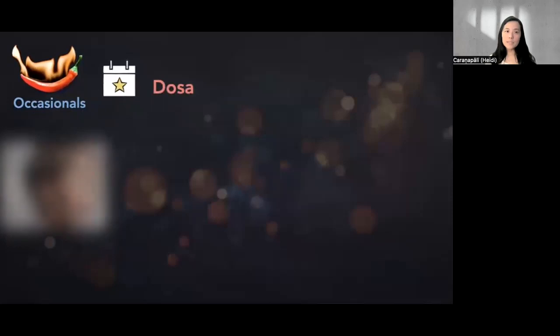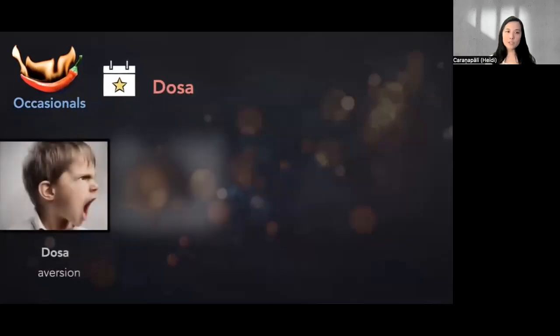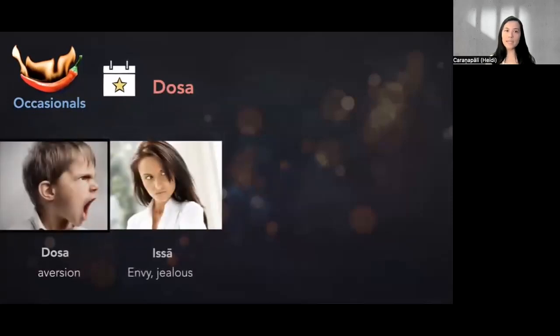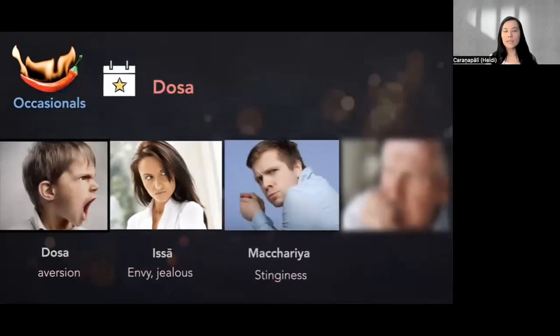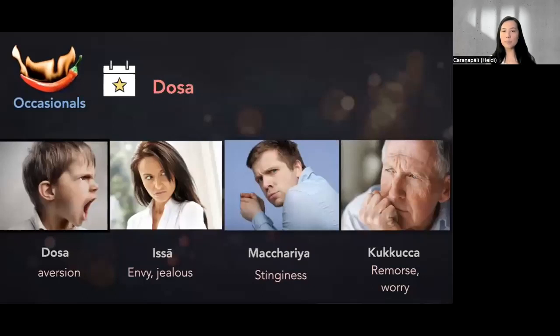Then let's go to the dosa group. In the dosa group, we have aversion, dosa itself, then isa, envy and jealousy, and maccariya, stinginess, and kukkucca, meaning remorse or worry. So these four are included in the dosa group. They are separate cetasikas, but they are included in the dosa group.